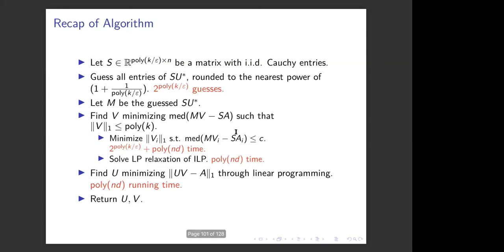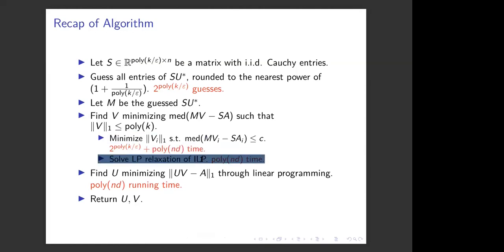Each of those can also be solved in FPT time, because the matrices we're dealing with only have poly k over epsilon entries and variables. So that's 2 to the poly k over epsilon. And then there are polynomially many such small problems.